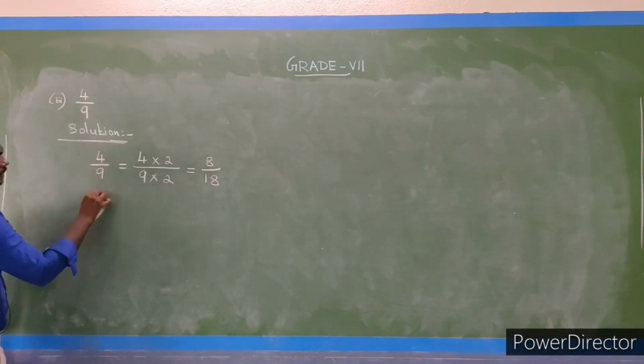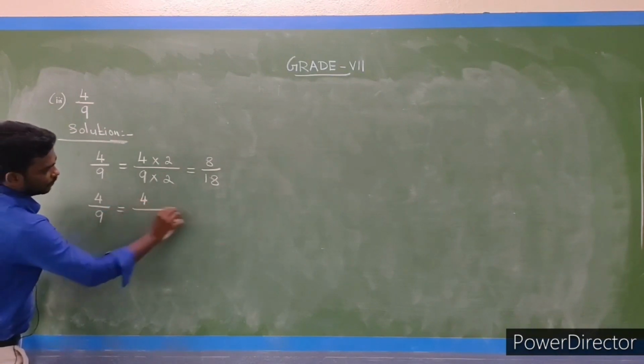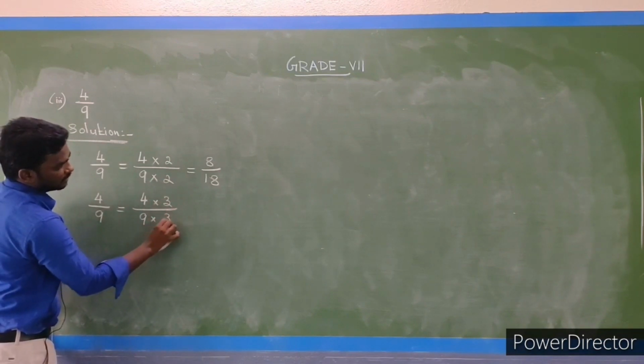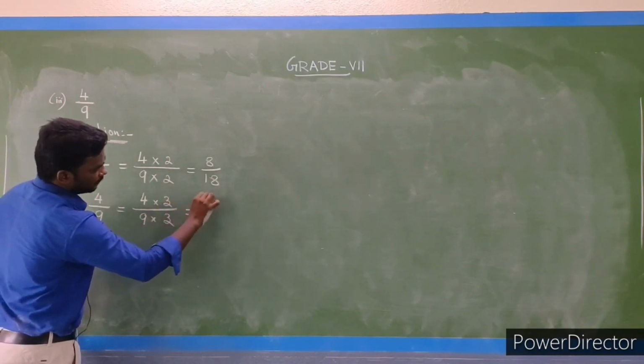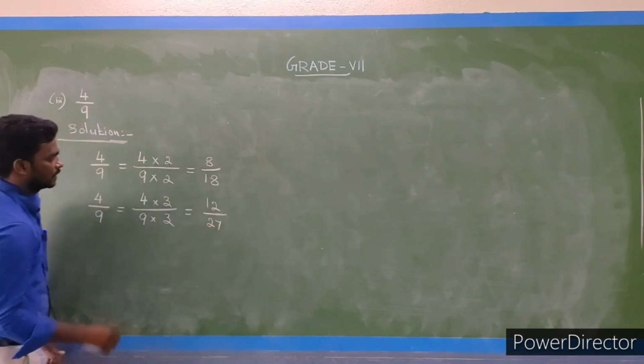Next, 4 by 9 multiplied by 3 by 3, which is 4 3s are 12 divided by 9 3s are 27.